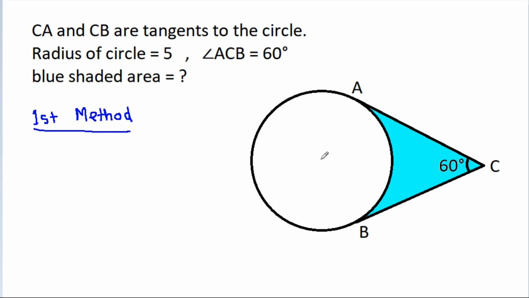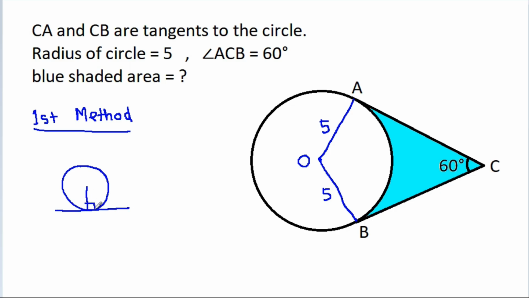Suppose the center of the circle is O. Then OA and OB are radii, so they are 5, and in any circle, a radius and a tangent are perpendicular to each other.